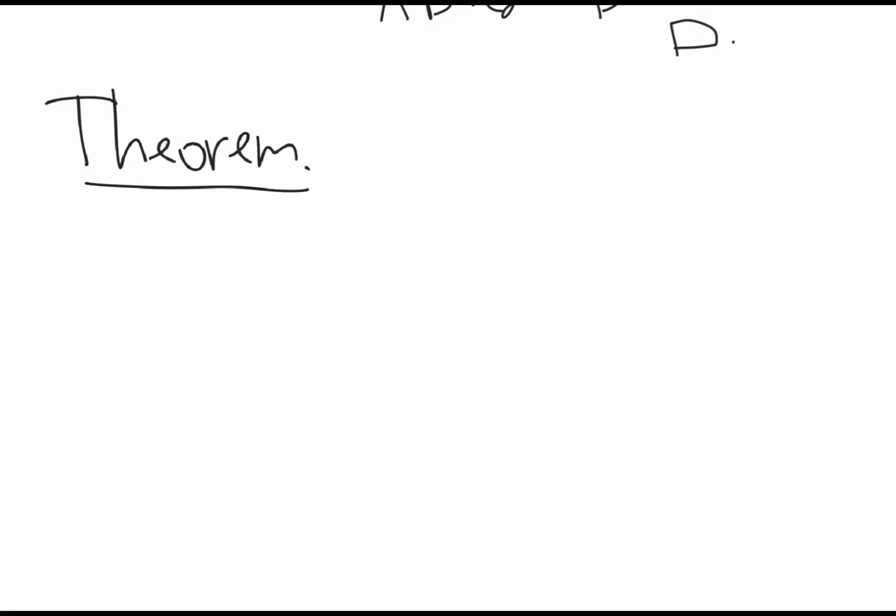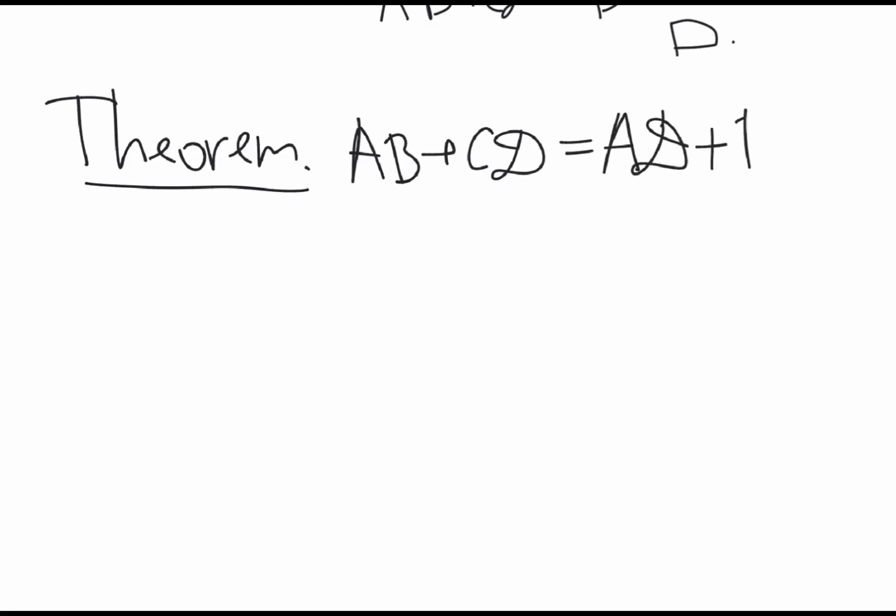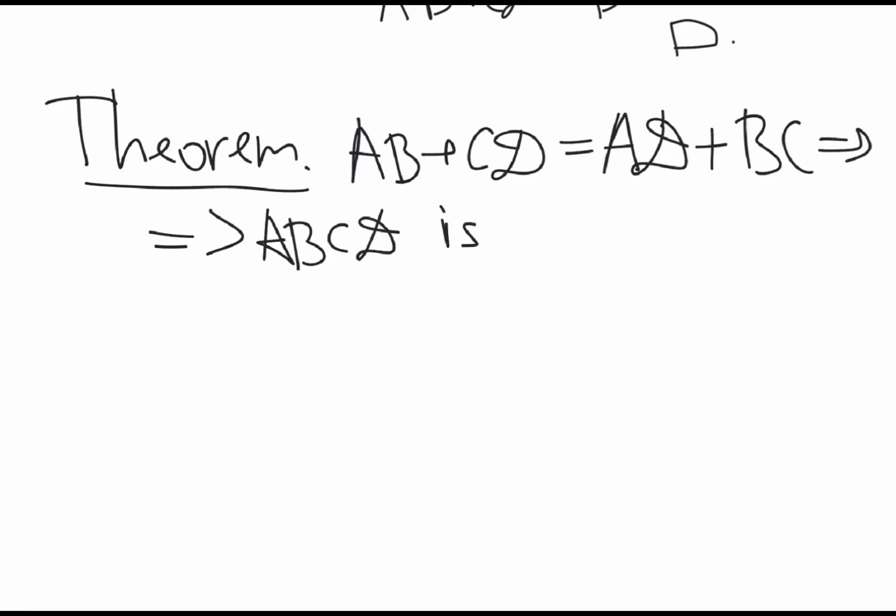We have a quadrilateral ABCD such that AB plus CD is equal to AD plus BC. And from this it follows that ABCD is tangential.